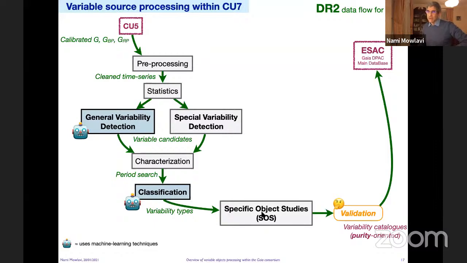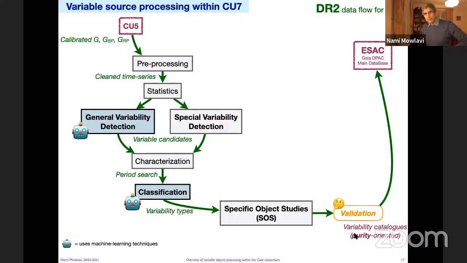Some of them would then go to specific modules for specific object studies, for example, Cepheids, long period variables, or RR Lyrae, that would take these variable types and provide a cleaner set, purity-oriented catalog, which would then be validated before being sent to the main database at ESAC.